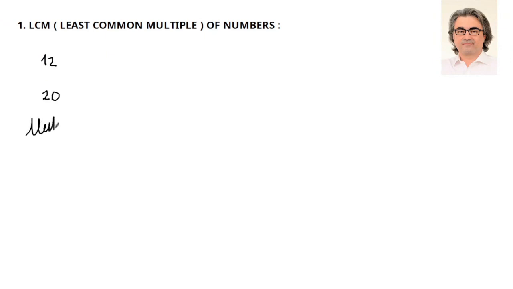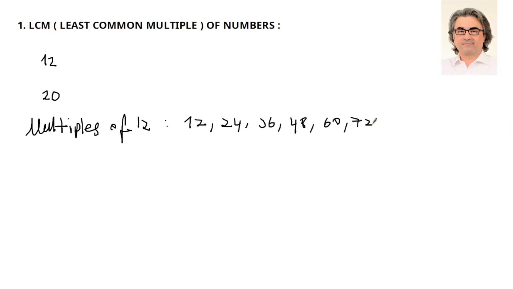Multiples of 12 are 12 times 1, 12 times 2, 12 times 3, times 4, times 5, times 6, times 7, times 8, times 9, and 10.